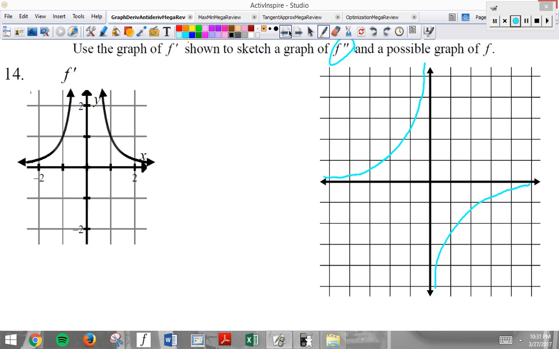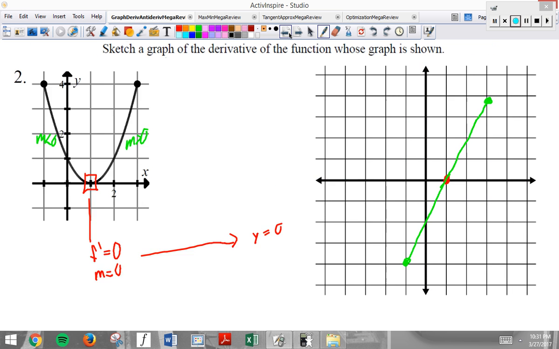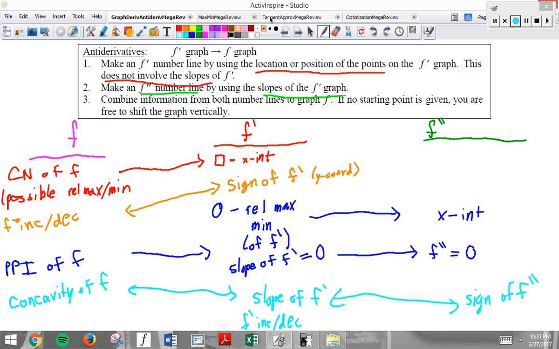So I'm going to go all the way back to the beginning just to add more to that table that you hopefully copied down. Over here, you're looking out for x-intercepts, discontinuities.